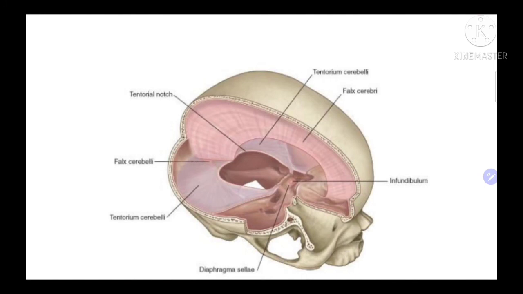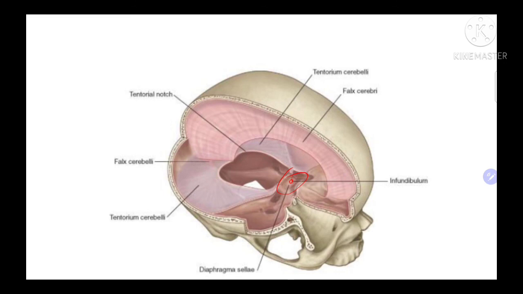So in the end, we're going to talk about the diaphragma sellae. The diaphragma sellae is over here. It's a dural fold which covers all over the sella turcica. It extends transverse and covers all over the pituitary gland, except in the center, where the pituitary stalk is.